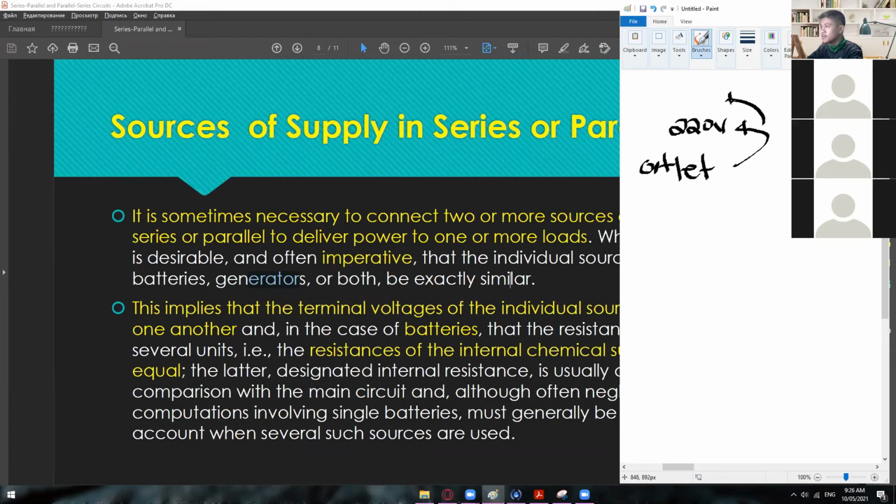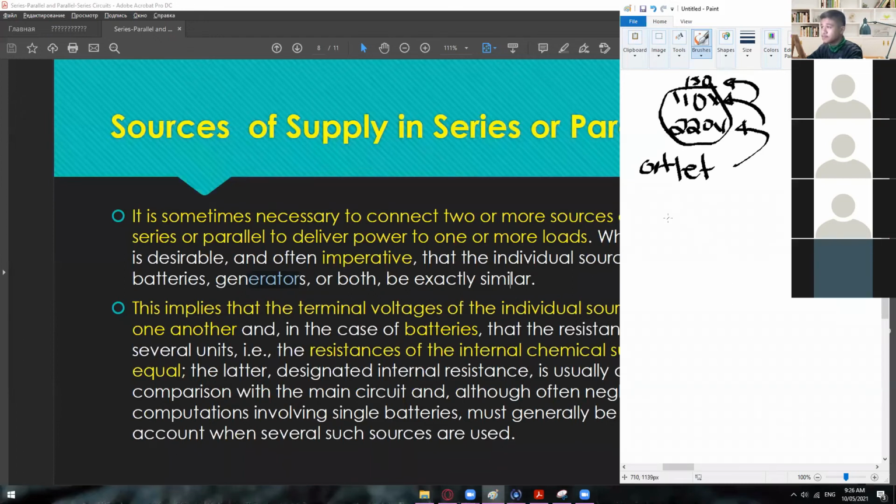Pero meron naman iba, pwede nilang baguhin into 110 volts, or pwede siguro nilang palitan into 150 volts. But mostly, 110 or 220. But when it comes to batteries, hindi na natin siya pwedeng palitan kasi kung ano man yung nailagay sa battery na yan, let's say 3 volts or 6 volts, ganyan na siya mismo.